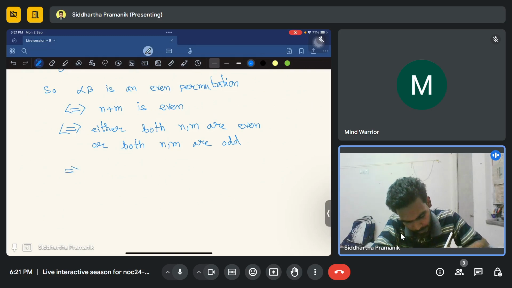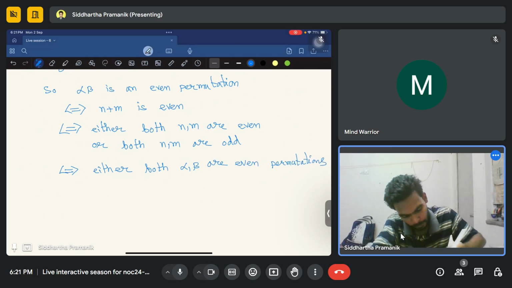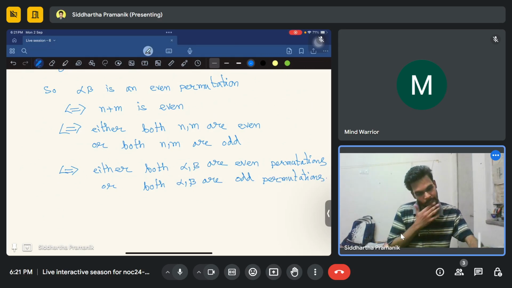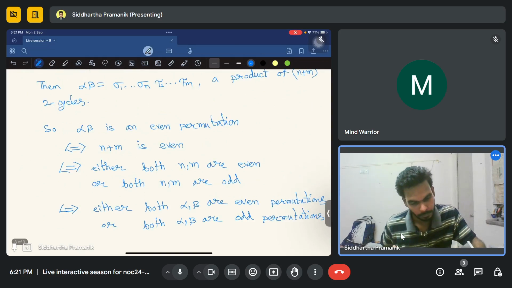So that will imply either both alpha, beta are even permutations or both alpha, beta are odd permutations. So this completes the proof. So is it okay?